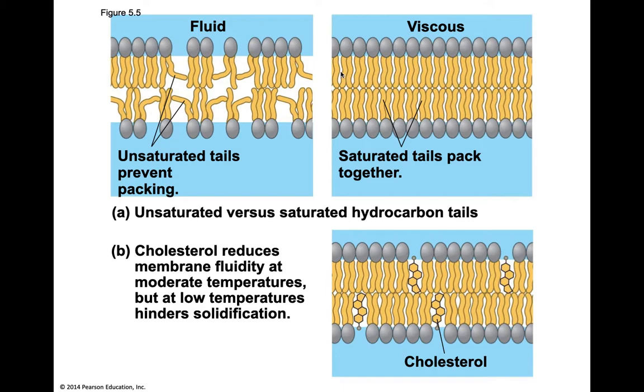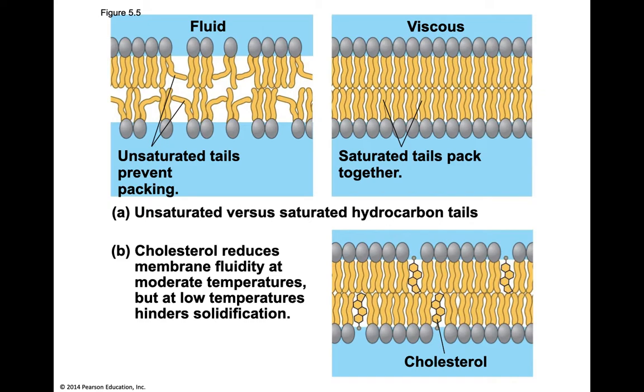So as temperature increases in a membrane, we tend to see membranes become more fluid, and as they become colder, the membranes become more viscous, and this can be really problematic in terms of diffusion of gases and nutrients in and out of cells.